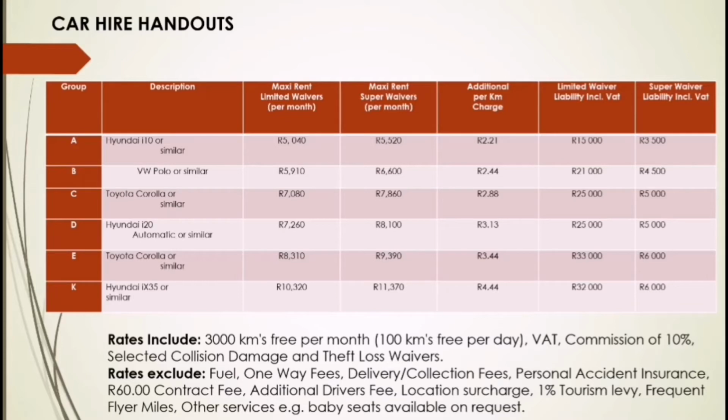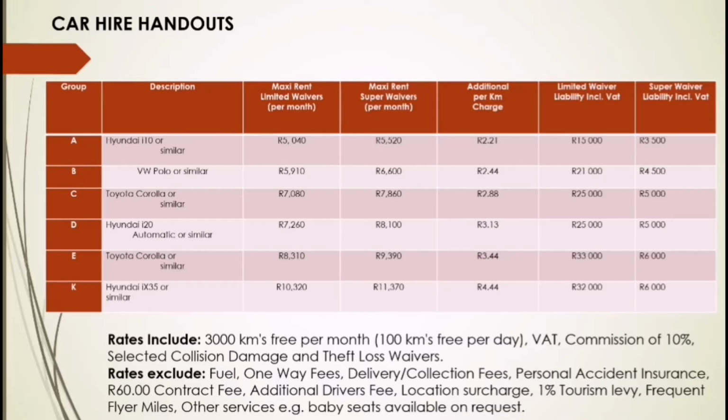Then from there you have your terms and conditions. With car hire, there will always be terms and conditions, and it is always advisable to read those terms and conditions. So under this table, it says the rates include a 3,000 kilometer per month free.